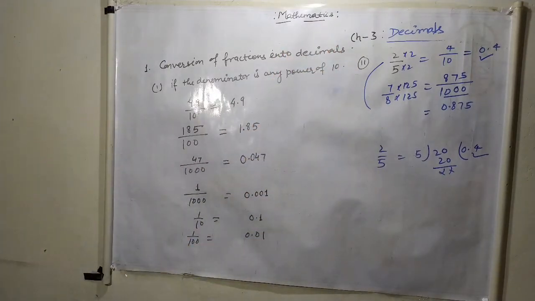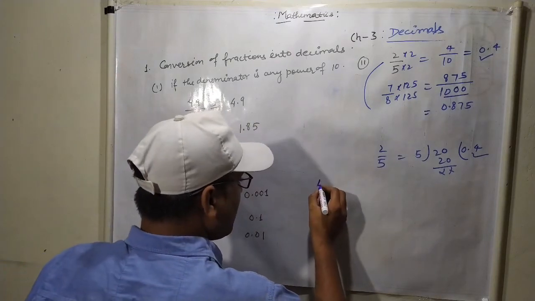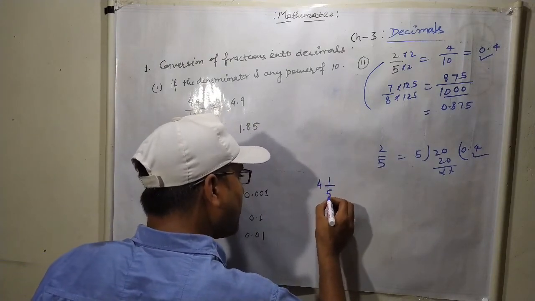Okay students, and the next point is, if any mixed fraction is given, first you change it into an improper fraction. Suppose your mixed fraction is given as 4 whole 1 upon 5.